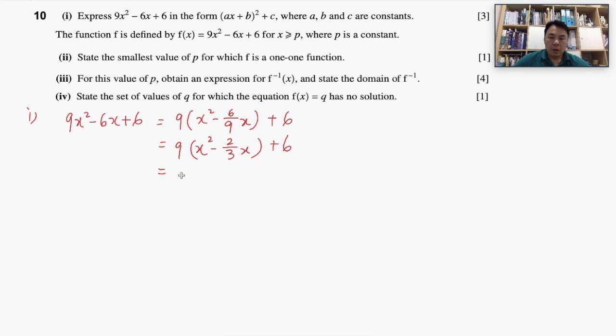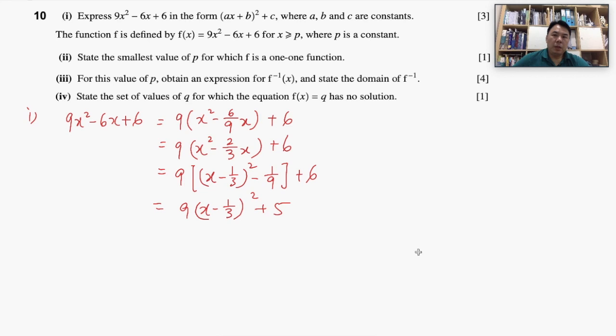After that we can complete the square for this. That is (x minus 1/3) squared, minus 1/9, plus 6. Oh, sorry, I forgot my square here. Then I'm going to expand that, and that will become a 5.